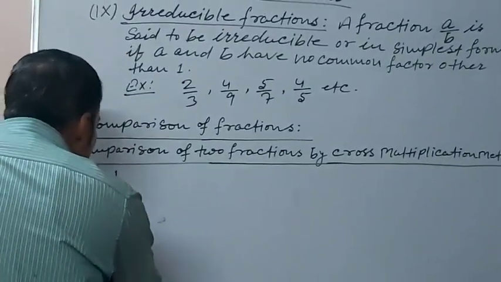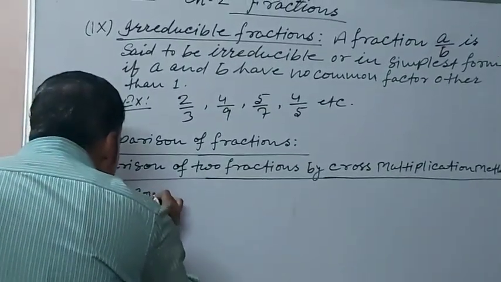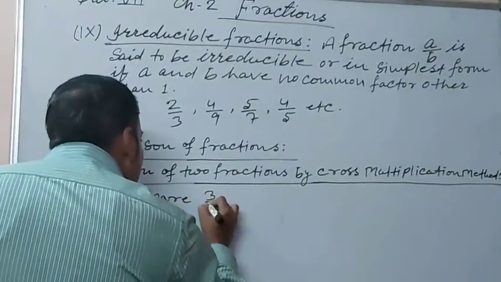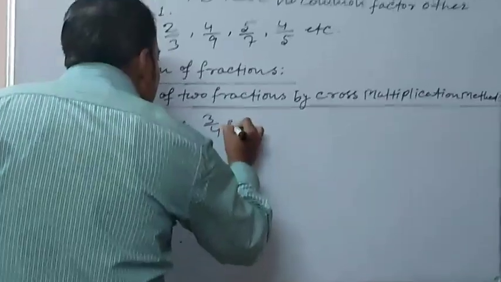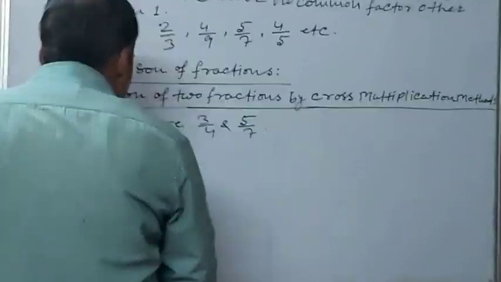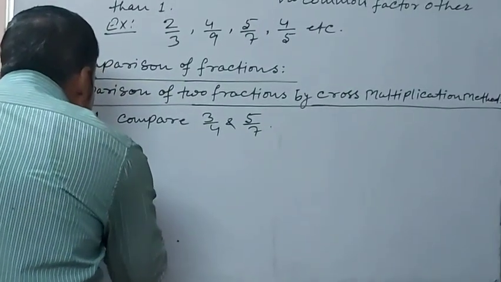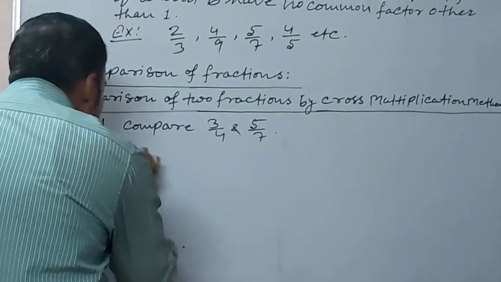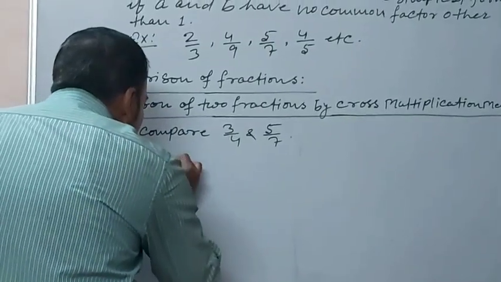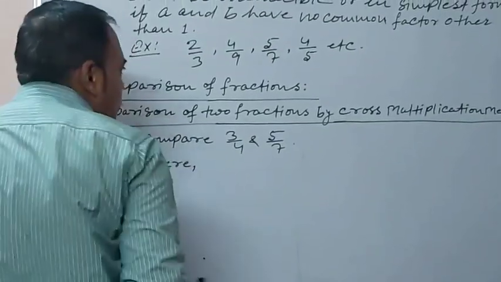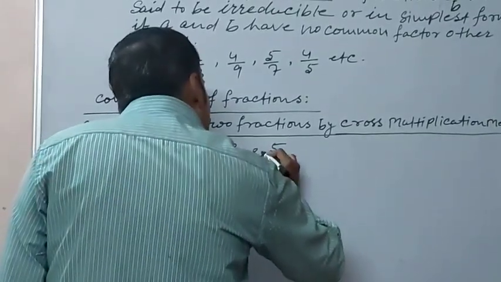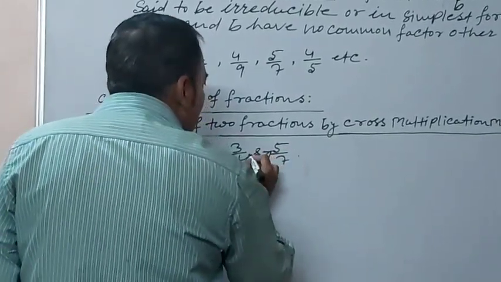Example 1. Compare 3 by 4 and 5 by 7. Solution. Here by cross multiplication, this method you should apply.